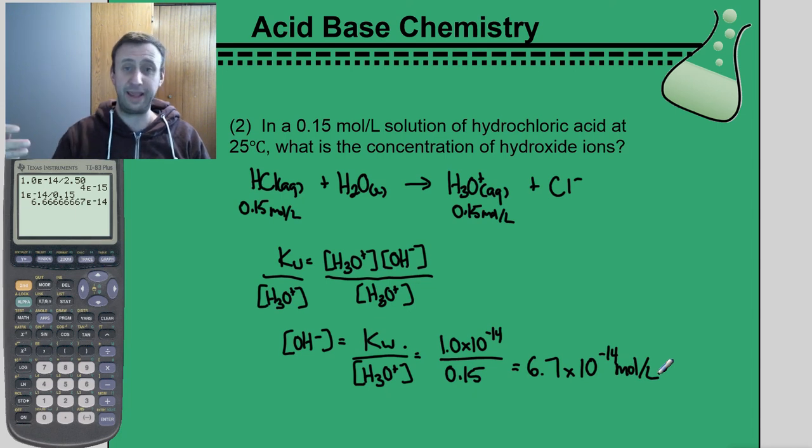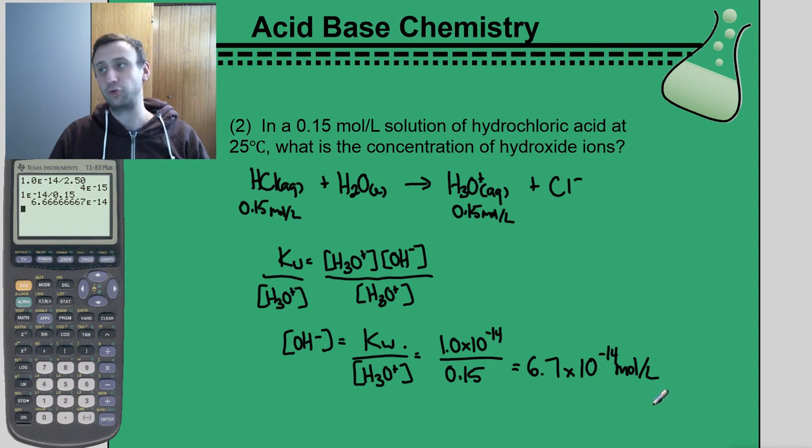So this is a very acidic solution, yes, because I have an incredibly low hydroxide concentration. But this is interesting. Even in strong acids, there's still some hydroxide present in solution. Is it an incredibly small amount? Yes, it's very tiny, almost zero, but it's still there.